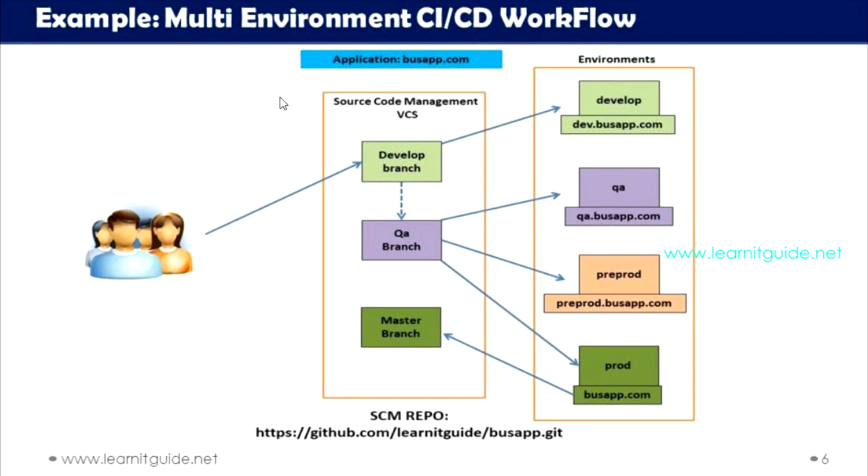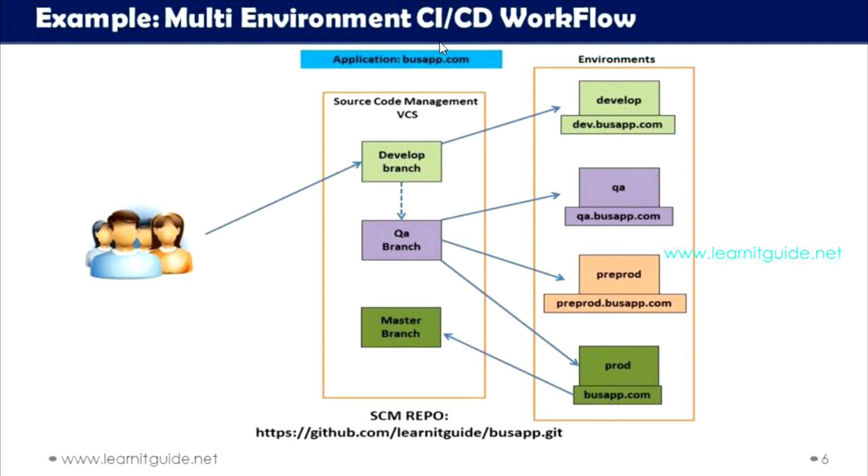Then the code will be compiled and created as an executable or artifact. Then that will be deployed to the development environment alone. So the developer makes the changes at the code level and pushes only to the development branch, not to any other branches.